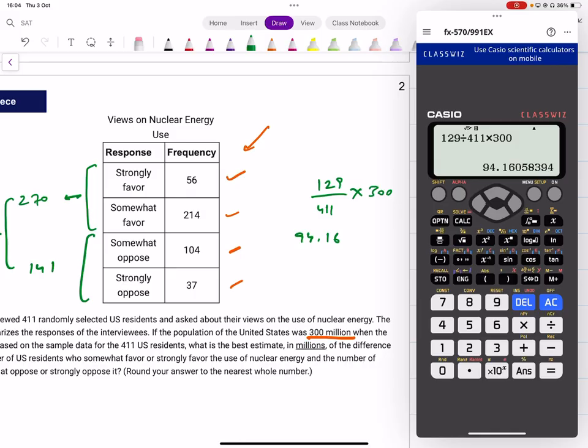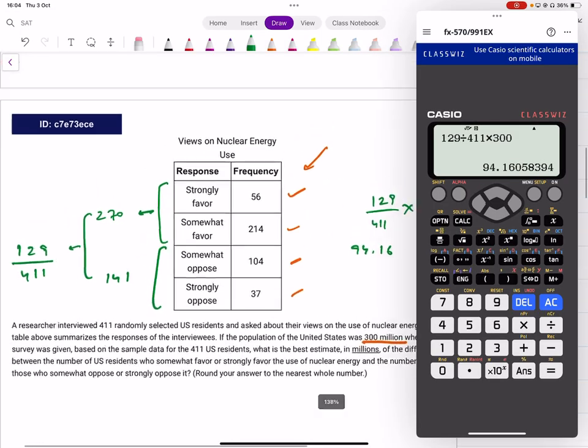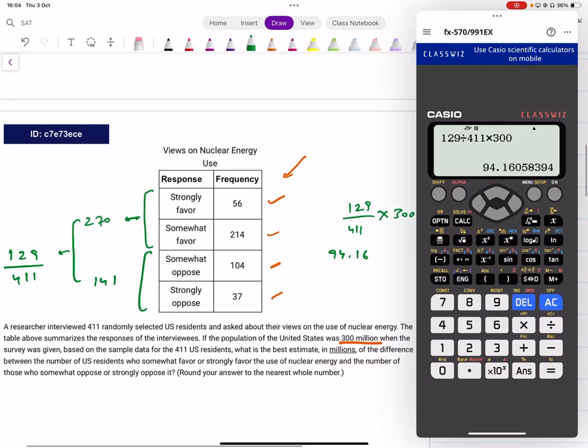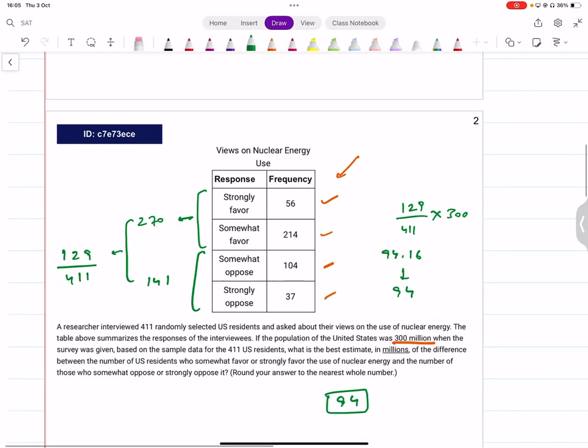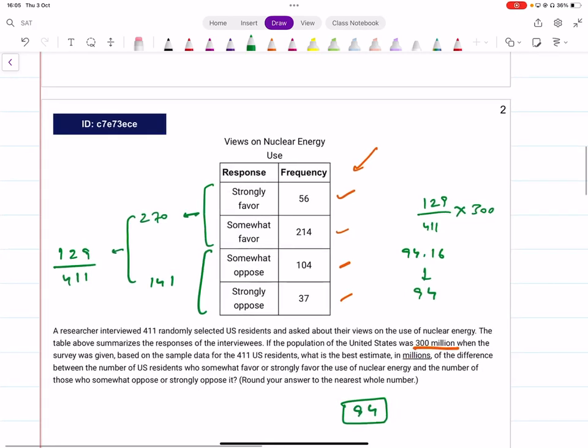Remember, this number is in millions. And now they want you to round off your answer to the nearest whole number. What's the best estimate in millions? What's the nearest whole number in millions? 94. So you say 94 is your final answer here. Is that okay? Any problems? No?